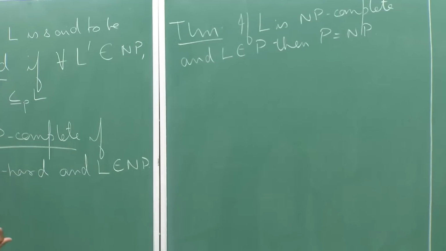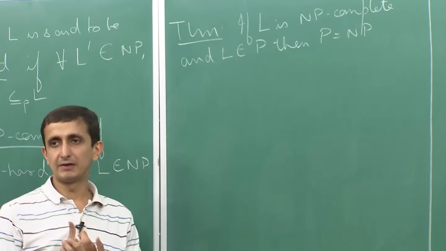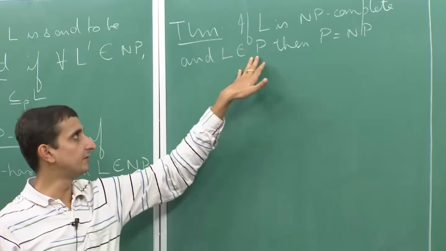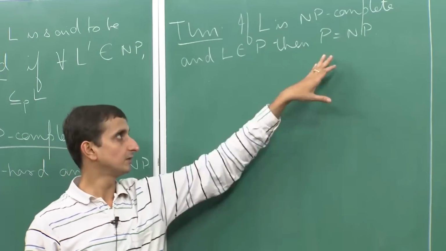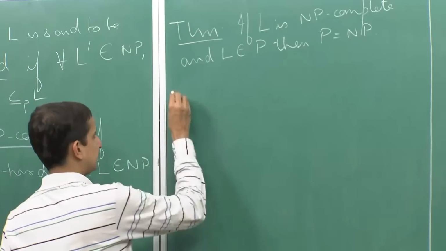In fact, this is probably the most popular strategy to show that P and NP are the same. You take an NP complete problem and you give a polynomial time algorithm for that problem. If you can do that, then we would have shown that P is equal to NP. And the proof is quite easy.